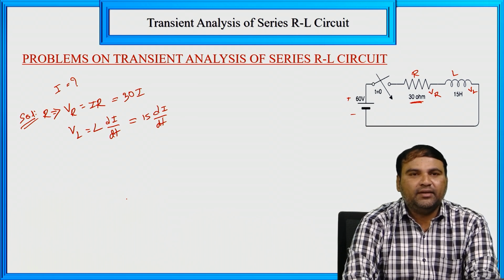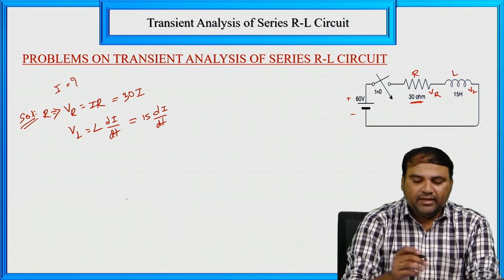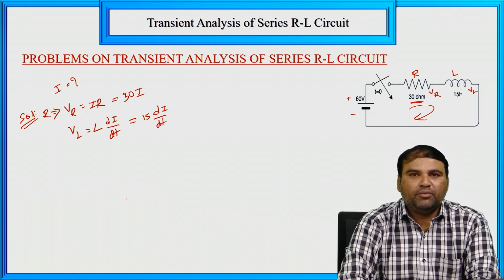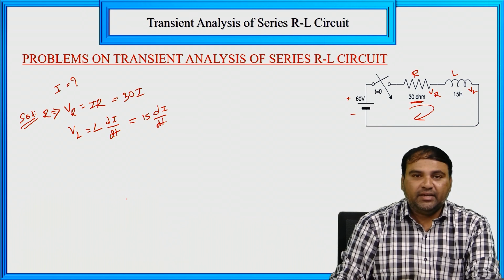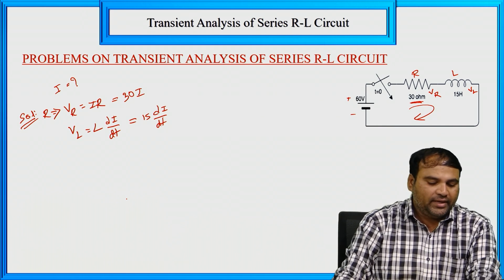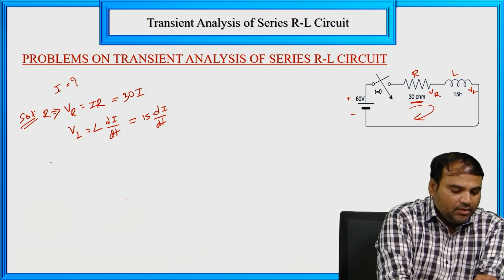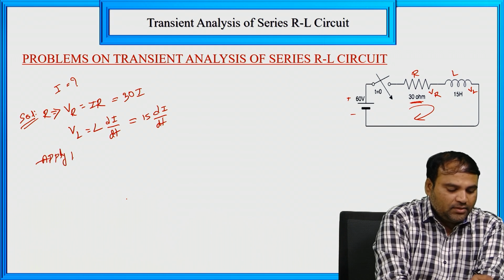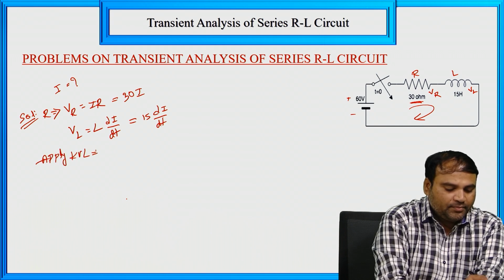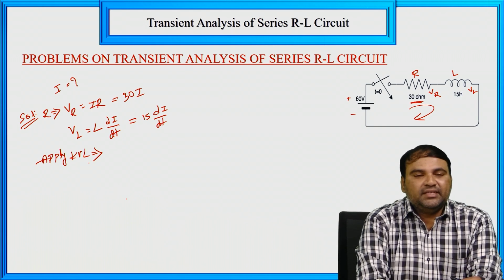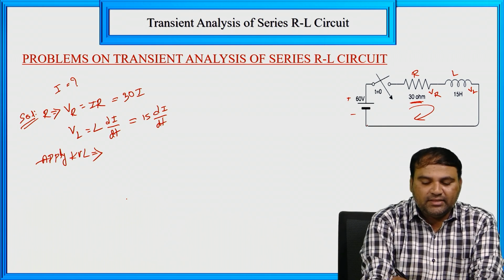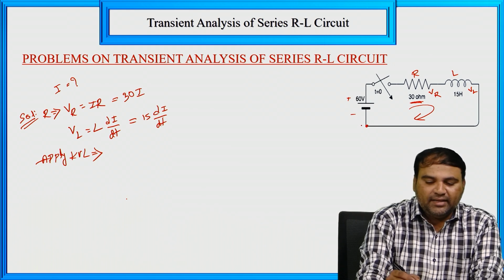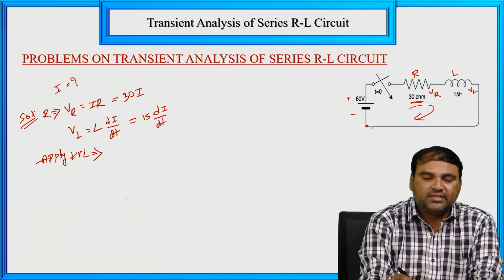Now we need to apply KVL in the given single loop. I am starting from this point, which is the starting point and also the ending point.